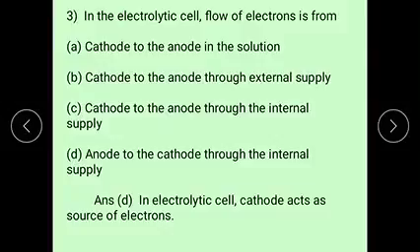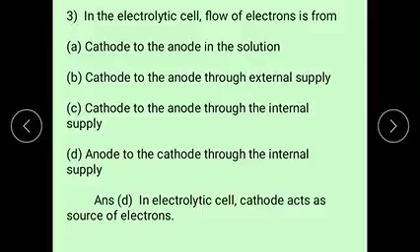The right answer is D, because in an electrolytic cell, the cathode acts as the source of electrons, meaning the anode to cathode through the external supply.